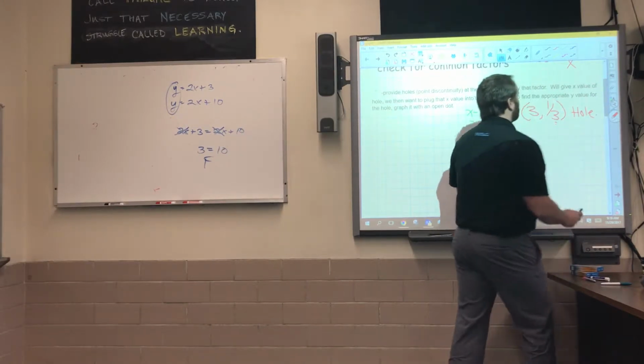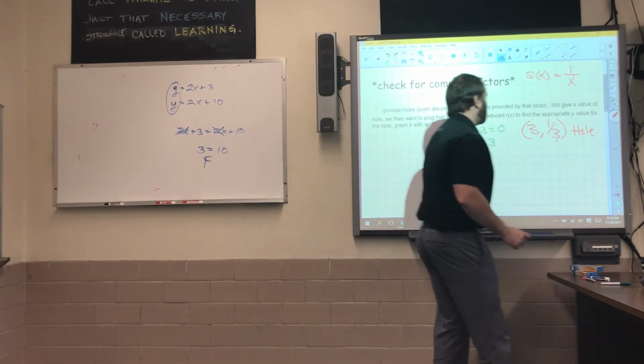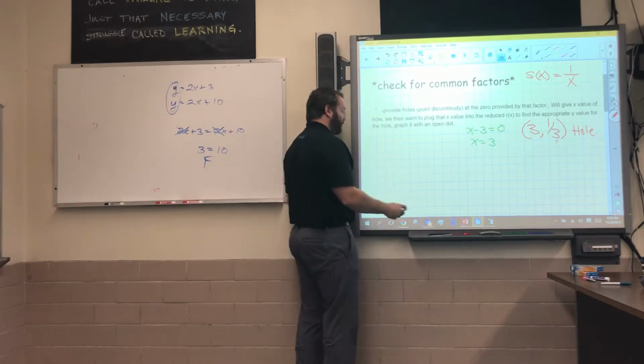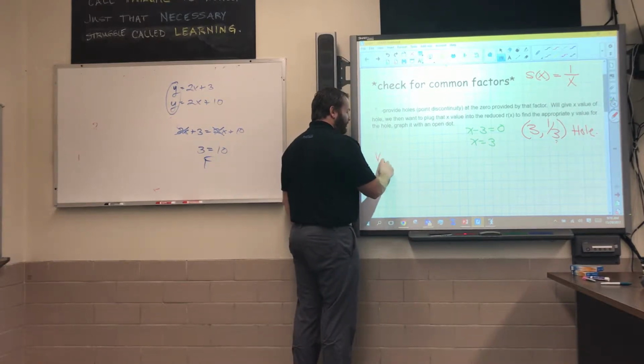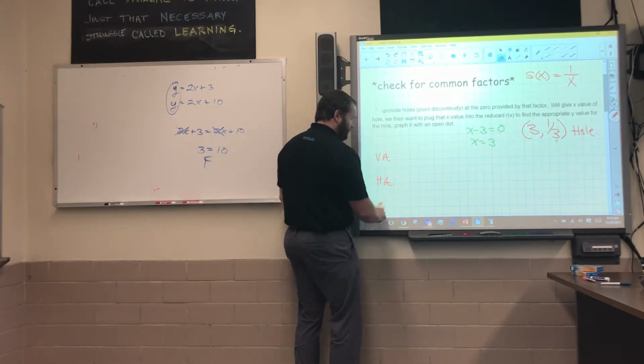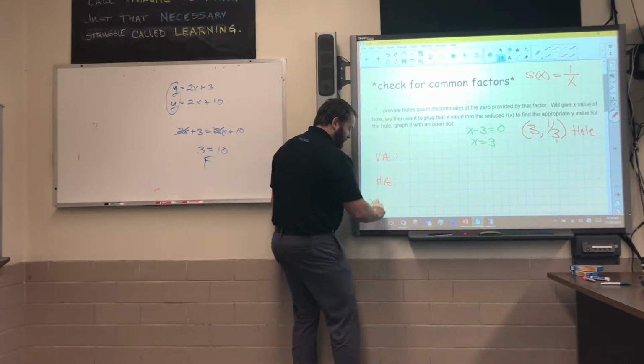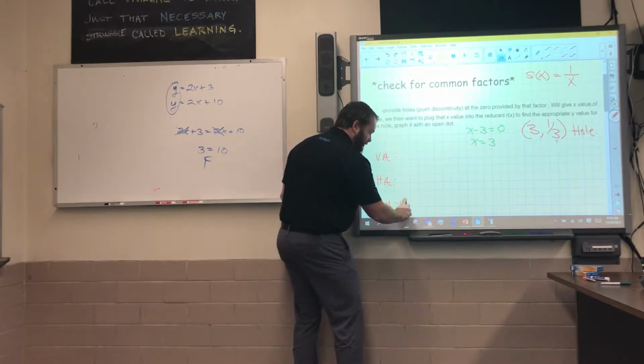Now, everything that we do in regards to what we've talked about yesterday and the day before is that we're going to find vertical asymptotes, horizontal asymptotes, and your intercepts, so x and y intercepts.